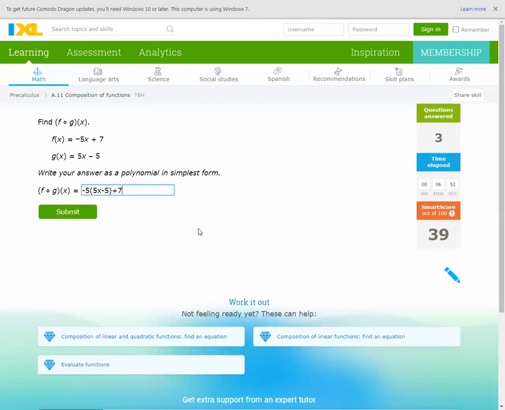I have to remove parentheses. First, we have negative 5 outside, multiplied by 5x. It's negative 25x. And then multiplying negative 5 outside and negative 5 inside, it is positive 25. And we also have 7 here. Making more simplification, the first term is negative 25x.